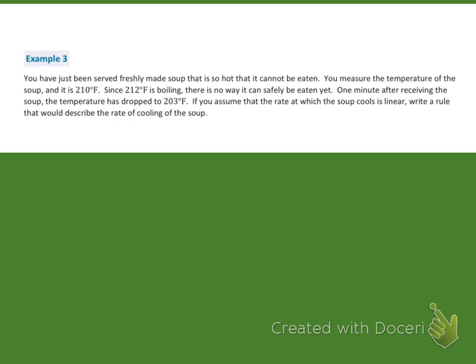Okay, so here's another example of a function, and this is something that you may have done in science class, maybe in 6th grade. You looked at the rate that something cools. So let's go ahead and read it. You have just been served freshly made soup that is so hot that it cannot be eaten. You measure the temperature of the soup and it's 210 degrees Fahrenheit.